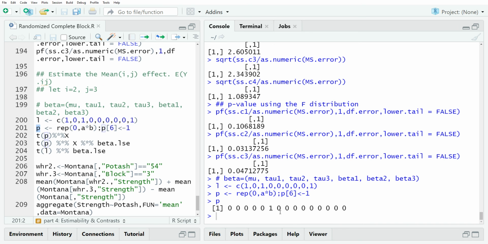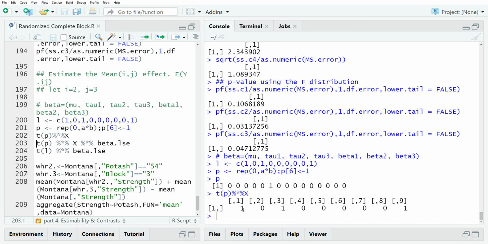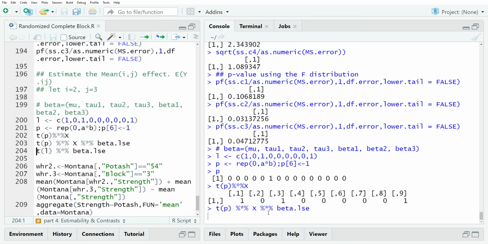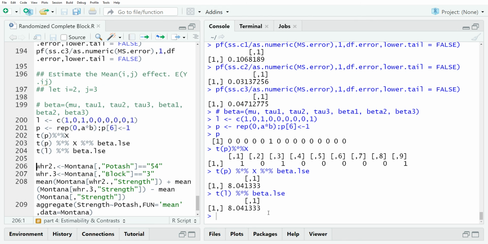So we create a P, which then is, when we take it times X, we know it's part of the row space. So we get our lambda parameter back. And so this is our least squares estimate for the second treatment and third block. That's our estimate for that, the mean response.